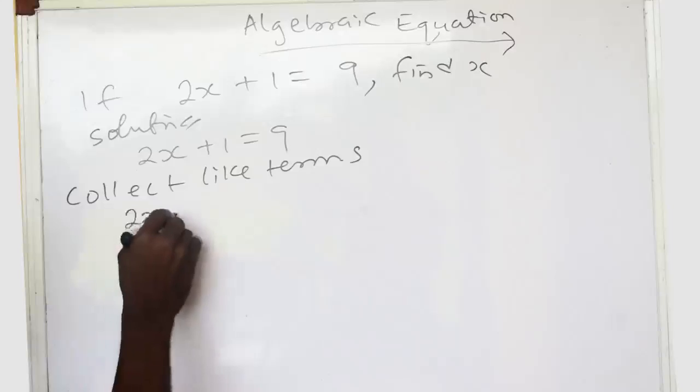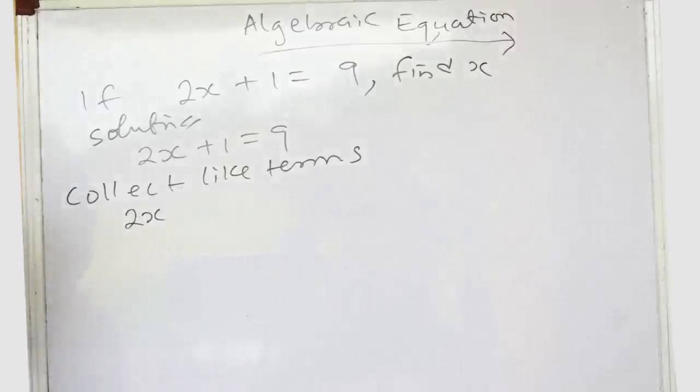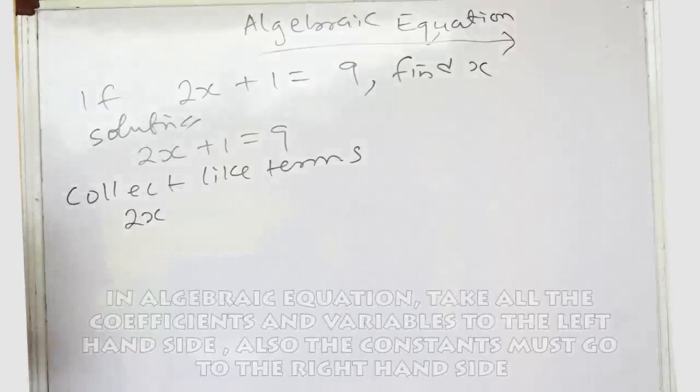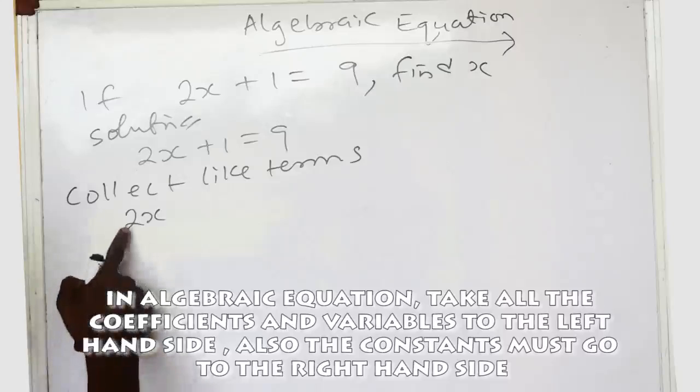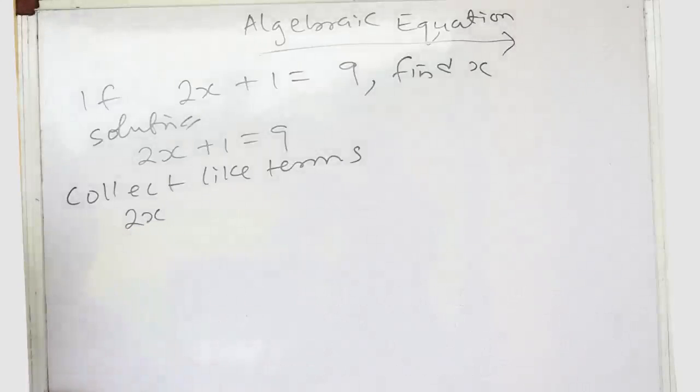You write 2x, you look for other x, no other x. In algebra, this rule must be obeyed: you take any coefficient or variables to the left hand side, and you take all constants to the right hand side.